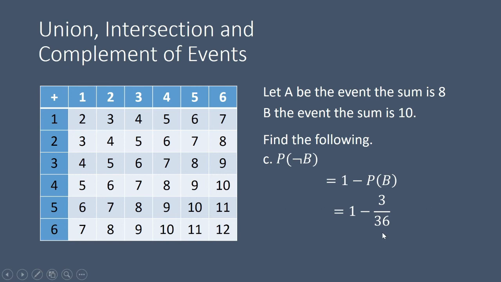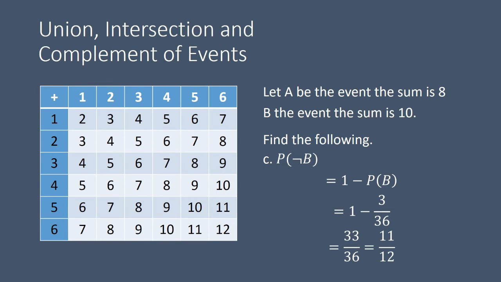So what I do is I write 1 as 36 divided by 36. So that's just 1, and they have the same denominator. So what I will do is 36 minus 3, that is 33, and then I will just copy the denominator. Again, the common factor is 3, so we cancel 3 and we are left with 11 over 12.